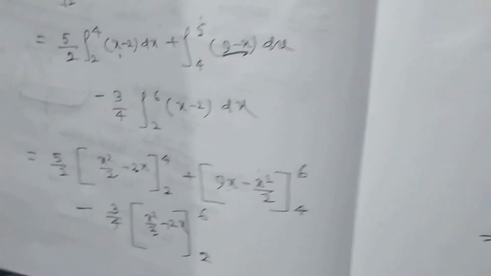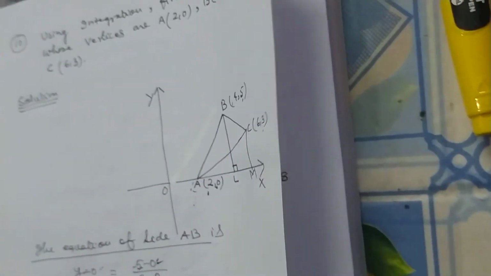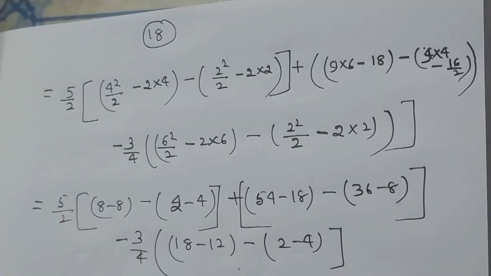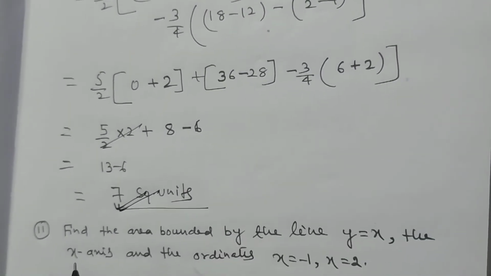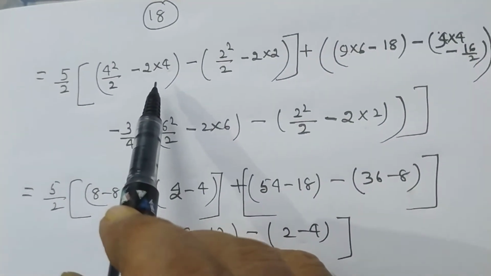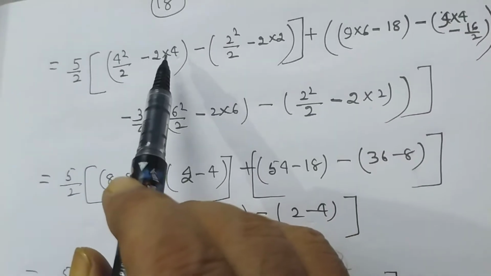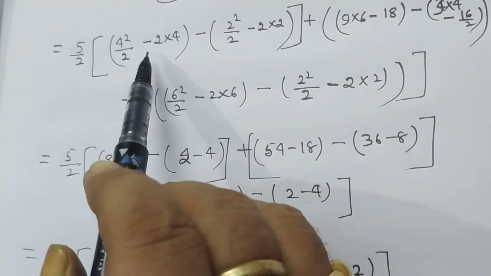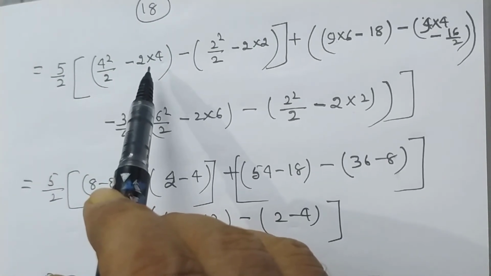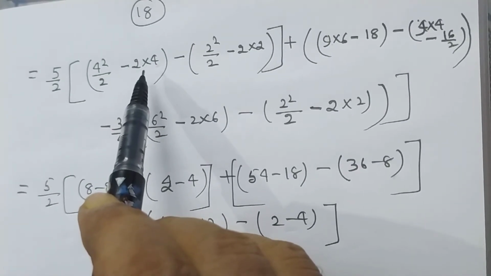So my dear students, in this way, after putting in the values of the lower limit and upper limit and solving, we get the area equal to 7 square units. This is the solution. Here I have solved it by subtracting the value at the lower limit from the value at the upper limit in the result. So in this way we can solve.